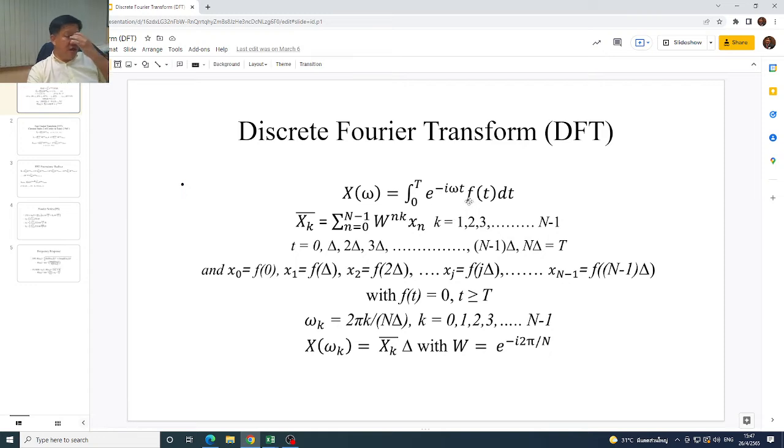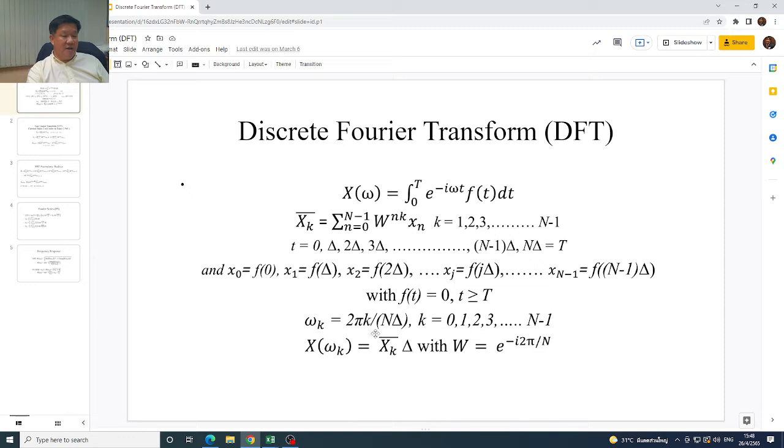For each omega k here, the definition of omega is 2 pi times frequency. But the definition of frequency is 1 over the period that you are interested in.